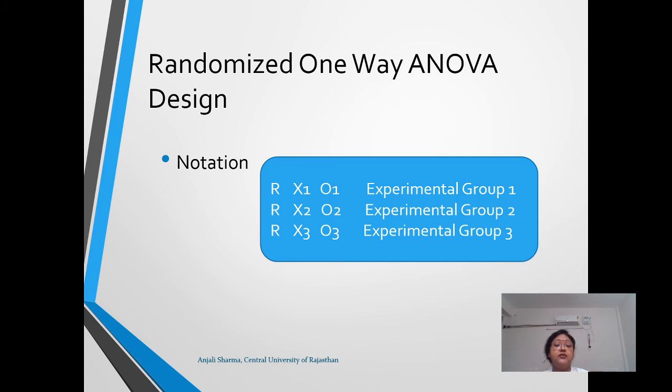Then we are giving three kinds of experiments, X1, X2 and X3. So three interventions are there, and after that there are the tests O1, O2 and O3. Let me take one example to understand this: the impact of various innovative teaching techniques, technology-based teaching strategies, on the achievement of the learner.